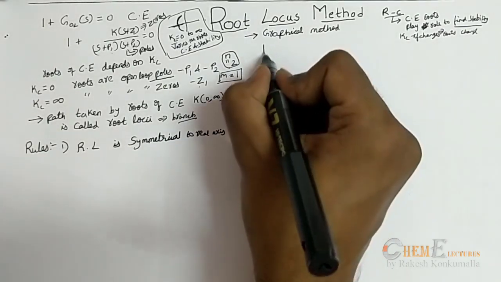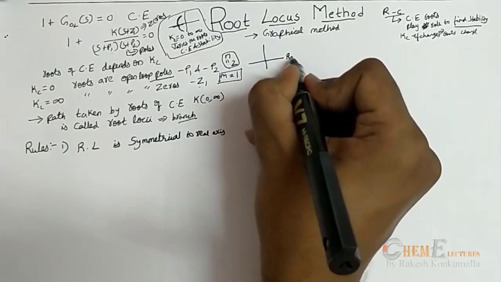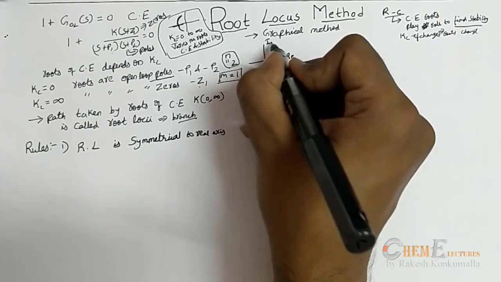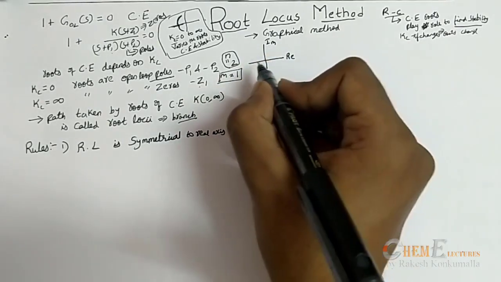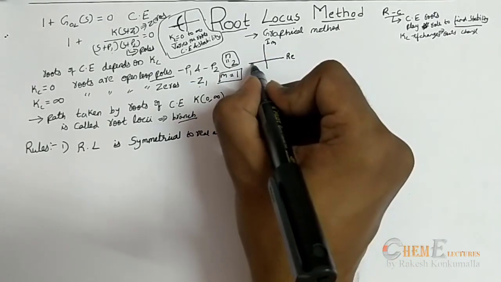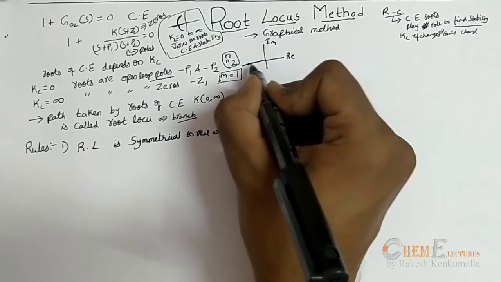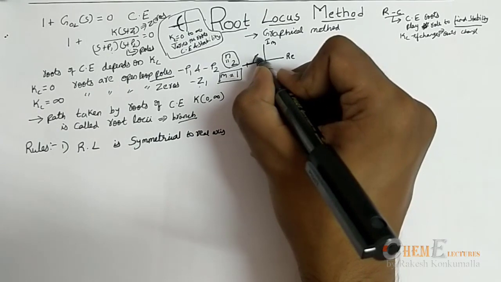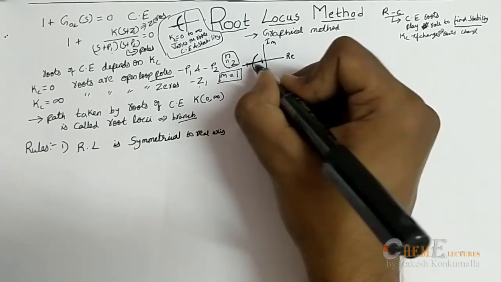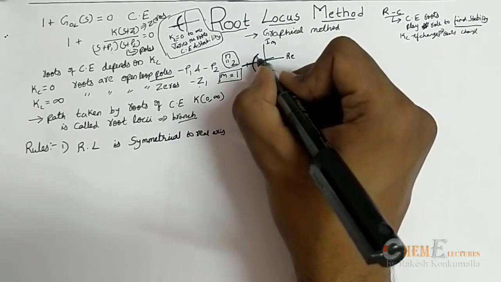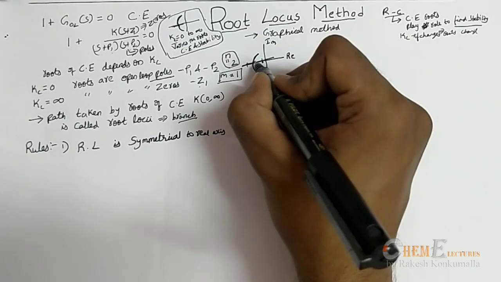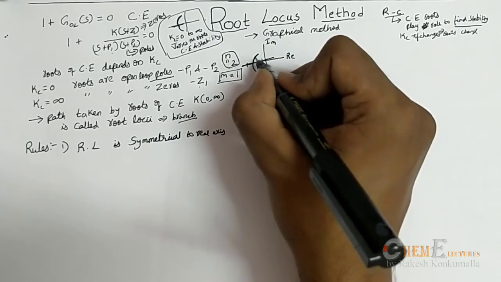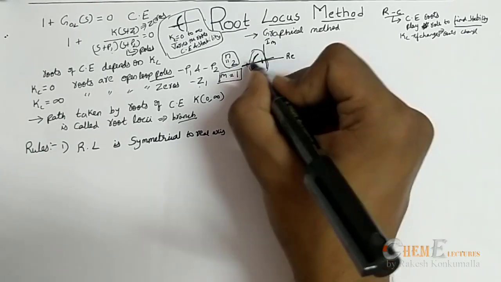That means if I take a graph with a real axis and an imaginary axis, then whatever I am getting will be symmetrical to the real axis. Whatever graph that ranges from 0 to infinity of Kc for the characteristic equation, this graph is symmetrical, if you see.